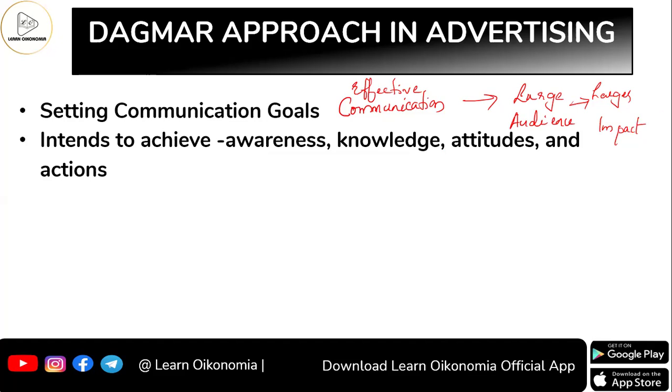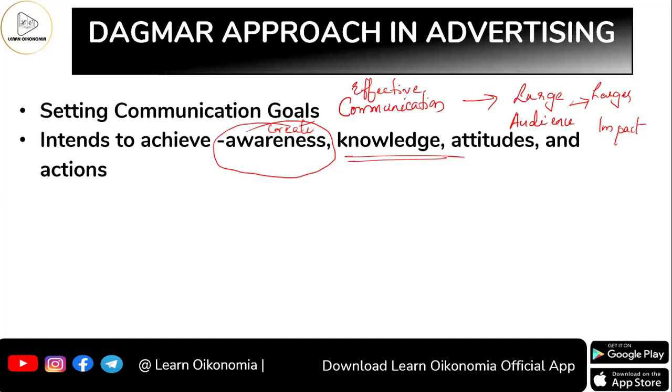So for that, the company tries to provide more information regarding the product to the public. Here the company creates awareness among the public regarding the quality and the features of the product. So we are talking about an imparting of knowledge scenario.